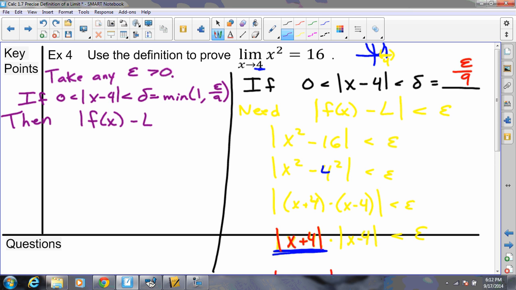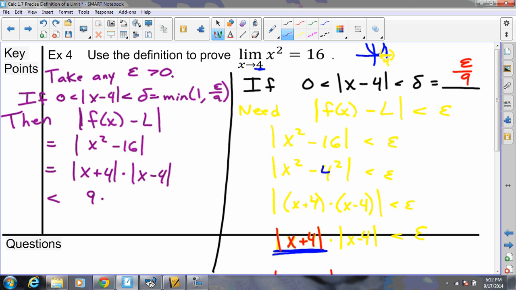F of x minus L, that part is equal to absolute value x squared minus 16. And cutting out some of the algebraic steps, we would recognize that's equal to x plus 4 times x minus 4, which has to be less than 9 times absolute value of x minus 4.